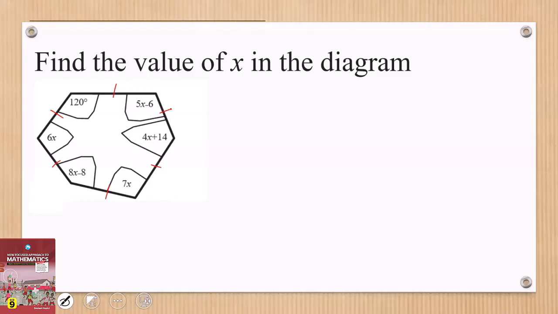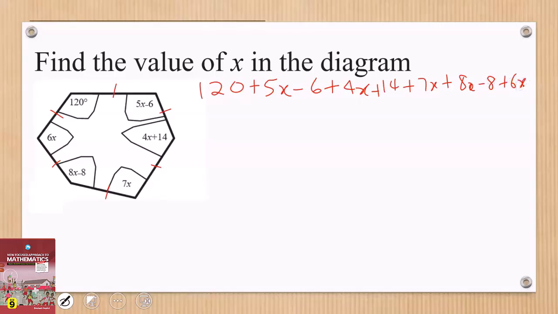So we add 120 plus 5x minus 6 plus 4x plus 14 plus 7x plus 8x minus 8 plus 6x, and all should be equal to 720. So we are going to do simple arithmetic here.